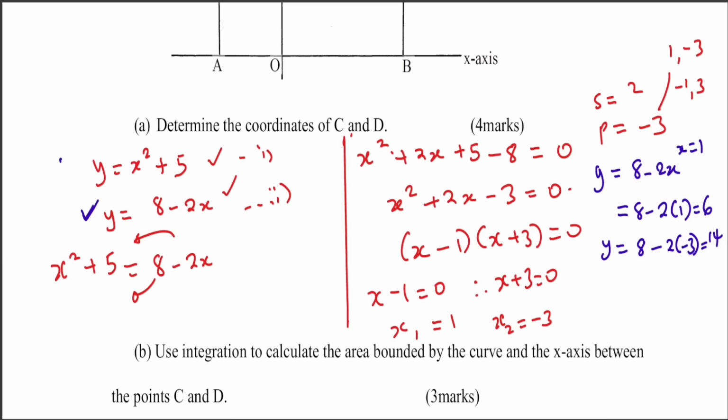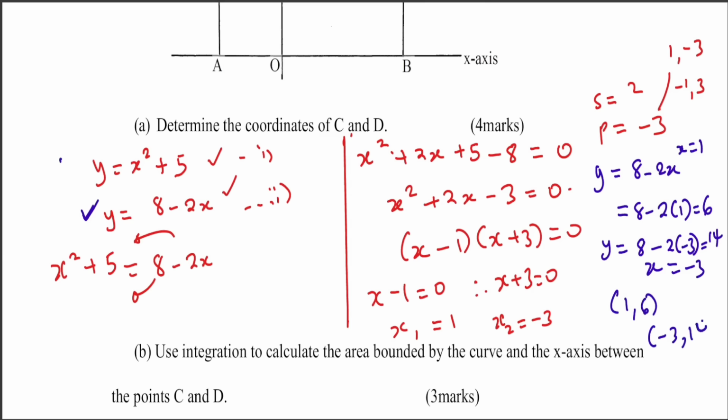So the other value is when x is equal to negative 3. So you have two coordinates. You have one coordinate which is 1, 6, and you have another coordinate which is negative 3, 14.